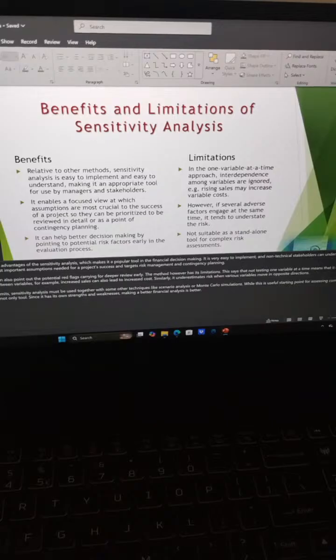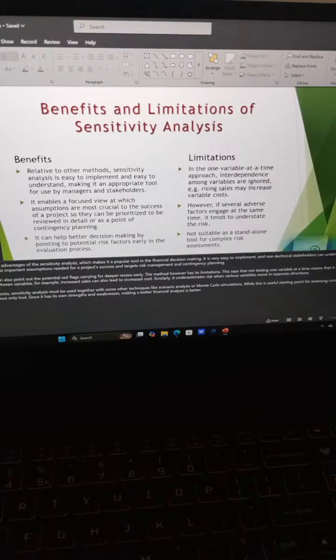It can help better decision making by pointing out potential risk factors early in the evaluation process. So with the benefits, all you are doing is highlighting what is and what isn't, right? Pros and cons, which we do on a day-to-day basis. That's all that is in business terms. How much money are we working with? What we can and can't do, what stakeholders want or do not want. It all comes down to project management.